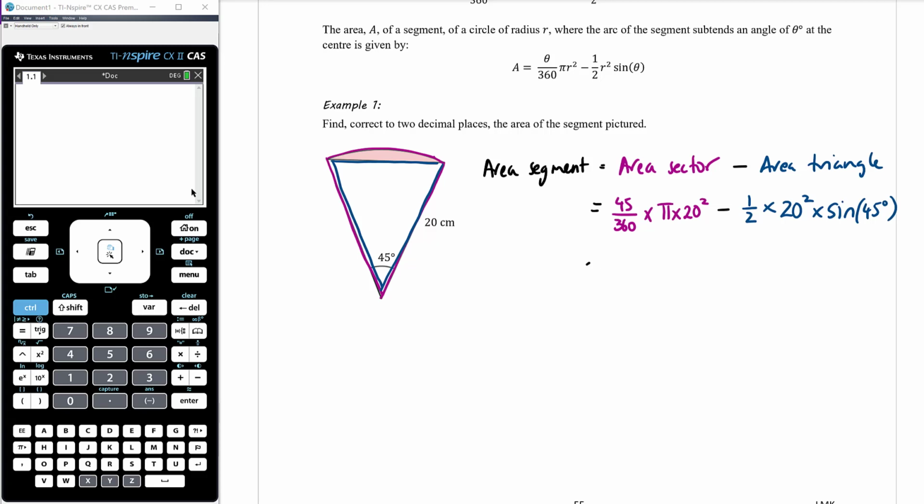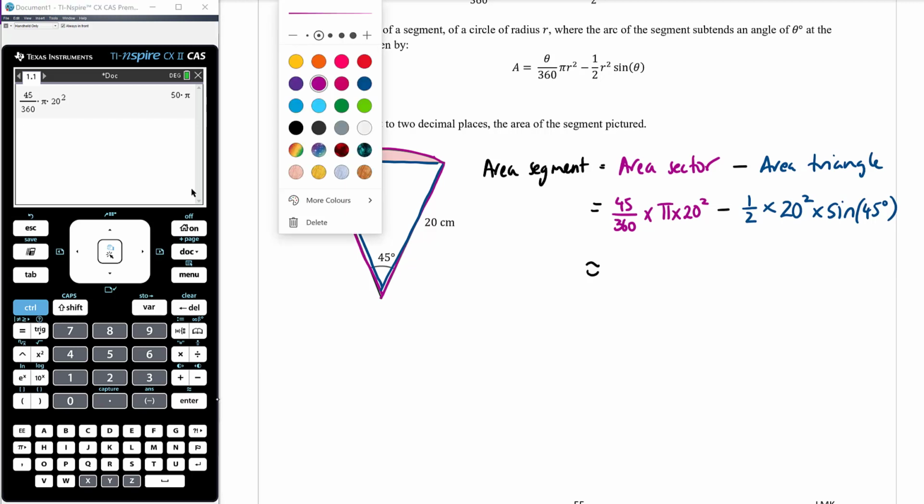Alright, and then we can put all of that in our CAS. If you want, you can calculate them as two separate things, but you can just type the whole thing in and get one number. I'll calculate them separately just so you can see what's going on. 45 on 360, which is 1/8, times pi times 20 squared is 50 pi.